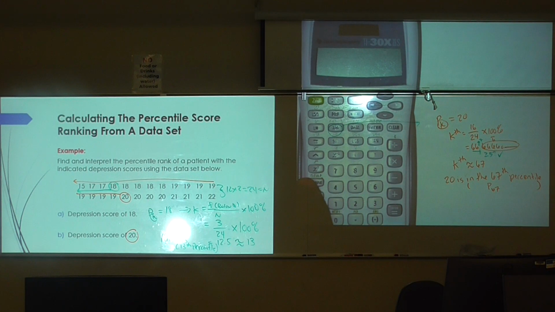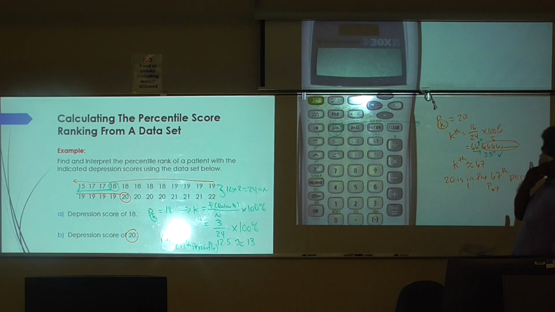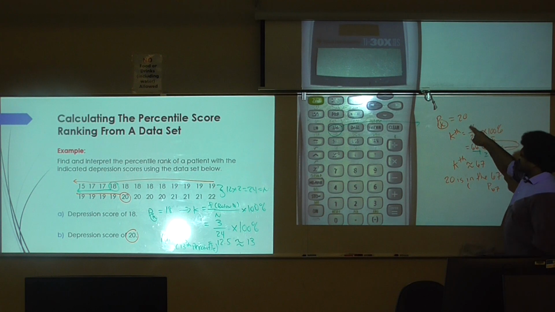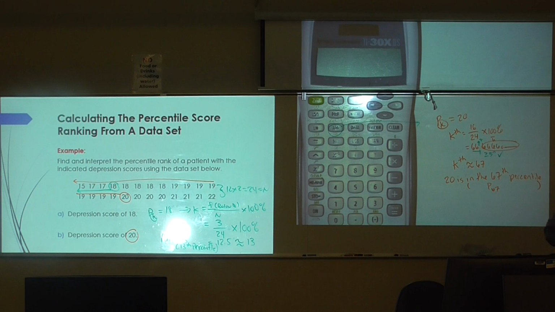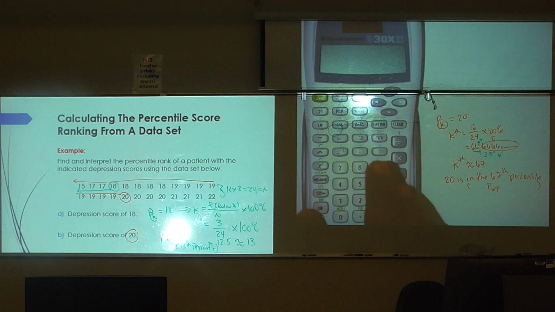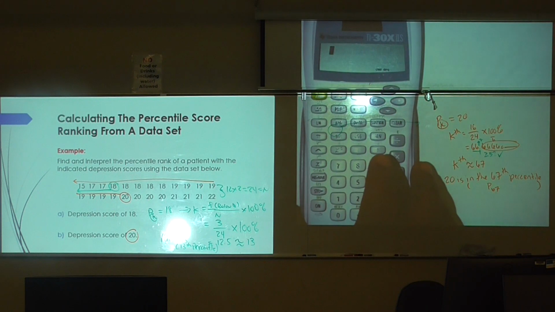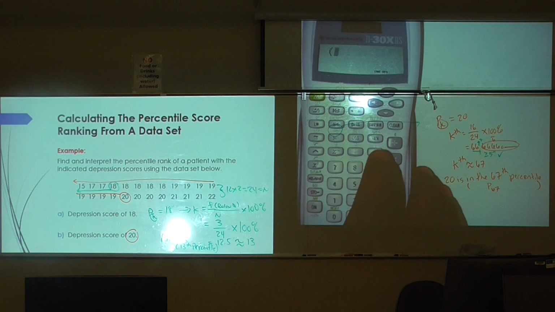It's very important that the operation is right, so you use parentheses, because it's going to be a decimal plus or minus, and it's best to play it safe. So I turn it on, clear it, and put parentheses to ensure the fraction is in there.